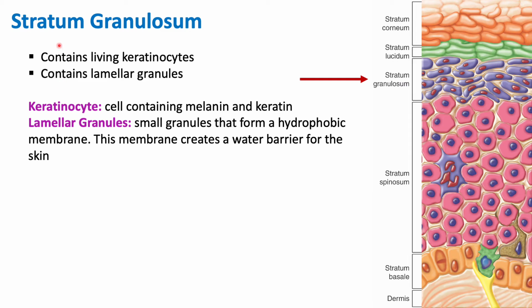What's also interesting about stratum granulosum is that it contains lamellar granules. These lamellar granules are essentially small granules that will form a hydrophobic membrane, and this membrane is what creates a water barrier for the skin. That's why, for example, if you pour water on your hand, it will not absorb into your skin. That's because of these lamellar granules that are found within stratum granulosum.